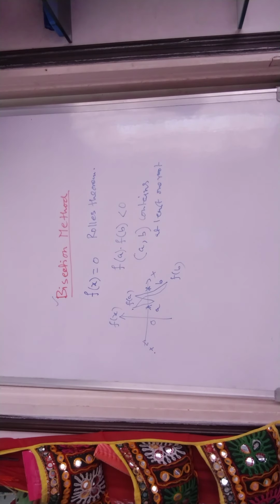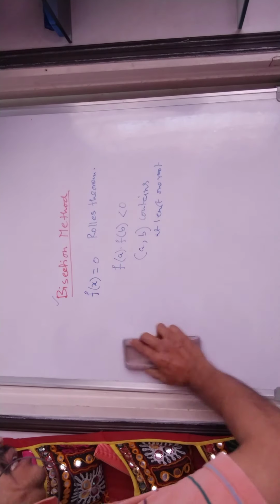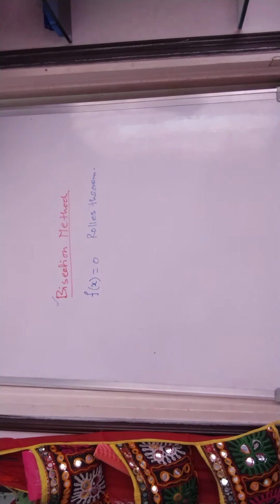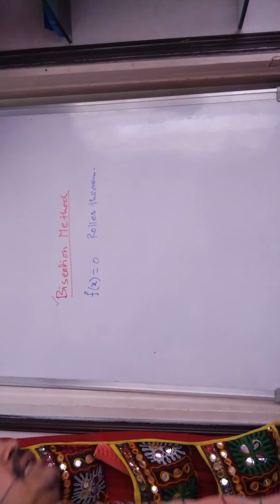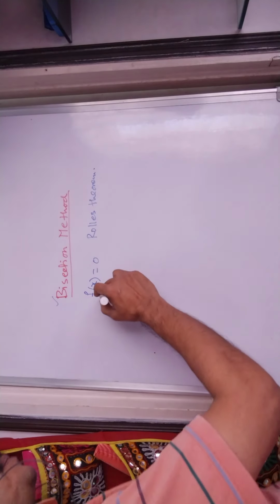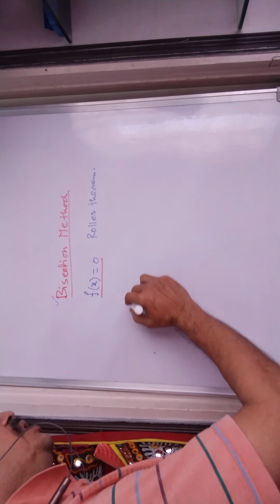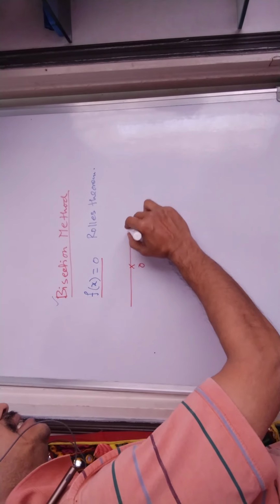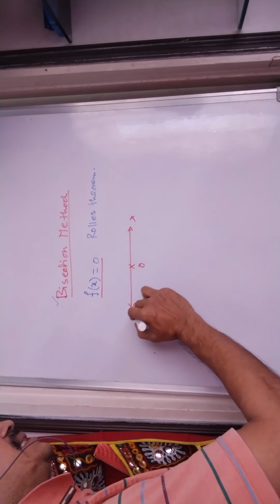So what is the crux of the bisection method? Let me draw another picture and highlight the procedure once again. We said that f(x) equal to 0 is an equation, and we take this as origin and this as x-axis, this the positive side of the x-axis and this the negative side.